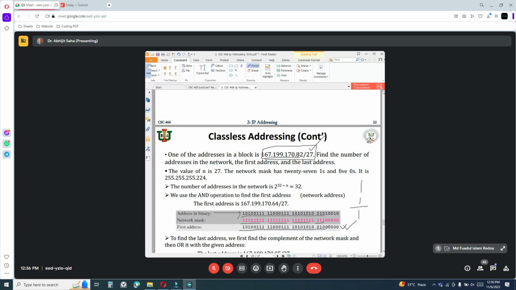You can see that up to this point the result is the same, isn't it? Yes, sir. And because you are getting all zeros here, there is no possibility of getting 1 and 1, so the rest of the bits are going to be 0. Now, can you tell me how to find the last address of the block in classless addressing? Sir, all ones.